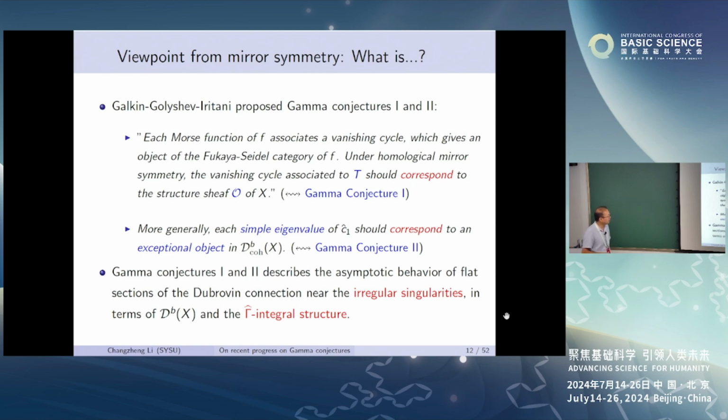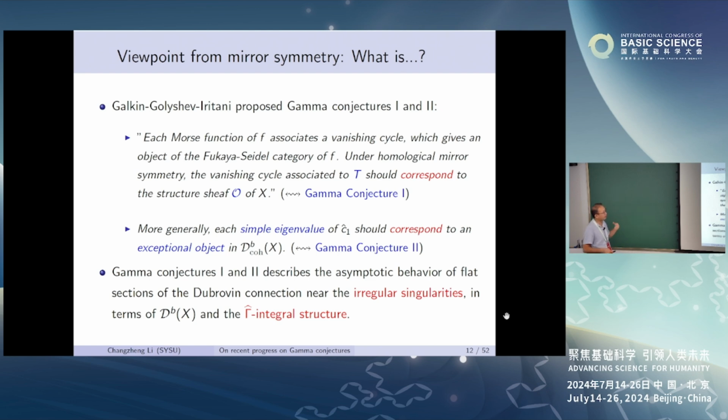Some objects in the derived category of X correspond to the critical points of f, or equivalently the critical values of f. So as a philosophy, we may say that a special object in the derived category may or should correspond to a special eigenvalue of the first Chern class, or in other words, a special critical value of the superpotential.